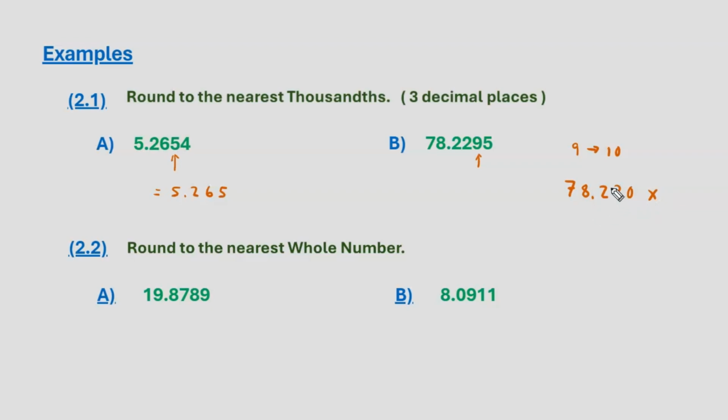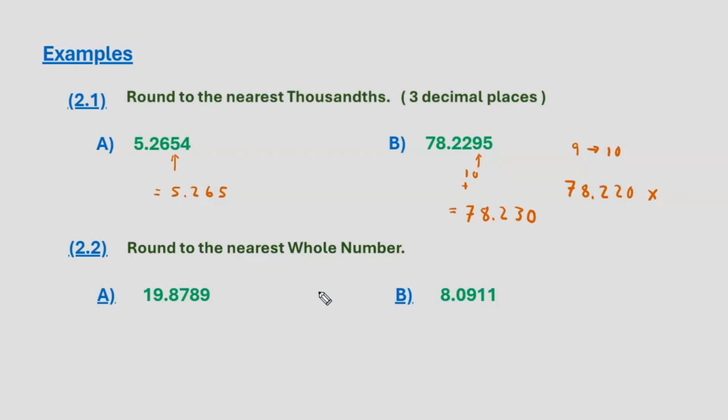What happens is, it does go to 0 at the third place, but the 1 from the 10 gets added on to the previous digit. So what we actually get when we round to 3 decimal places here is 78.230. So it's something to remember whenever the digit being rounded up is actually a 9.